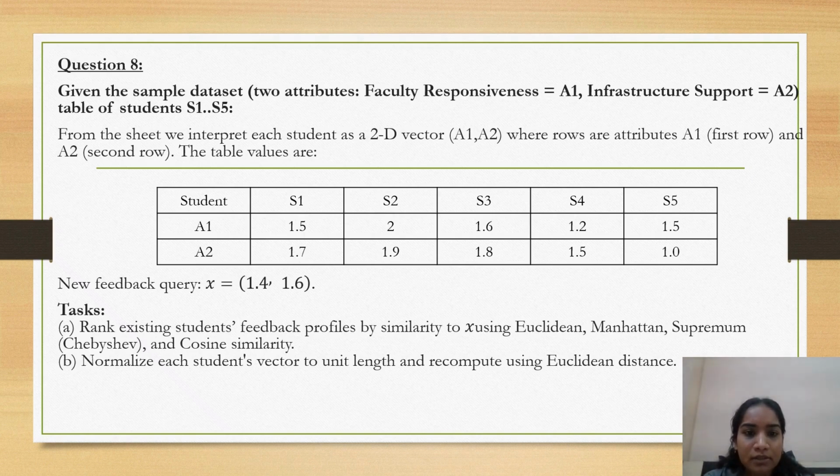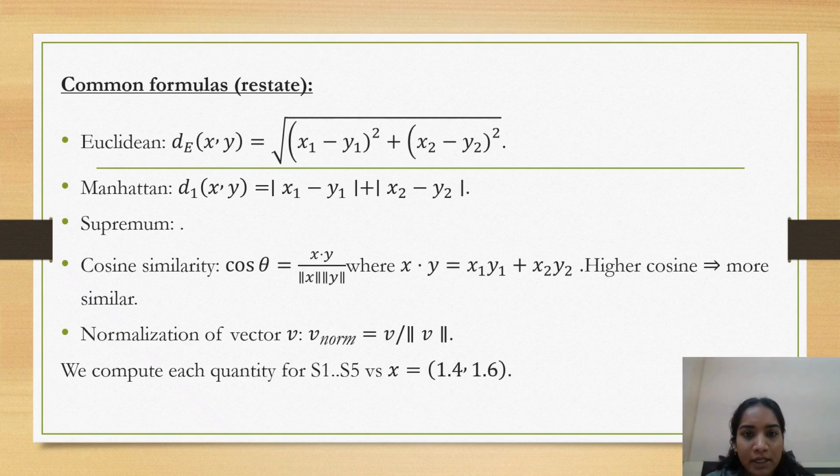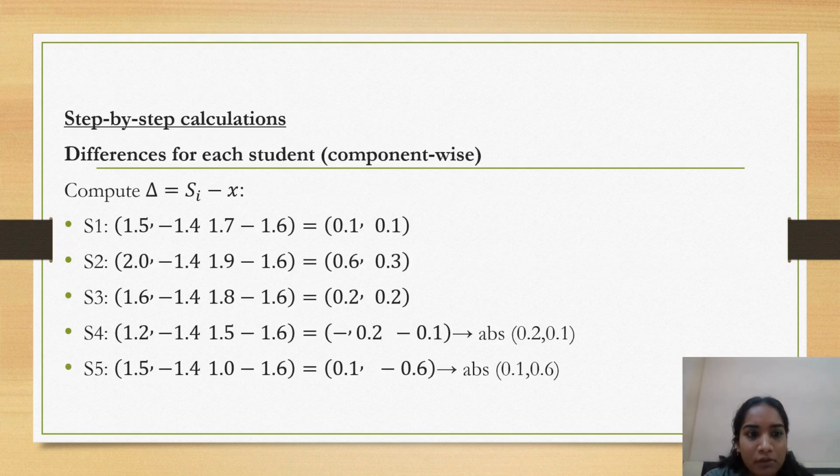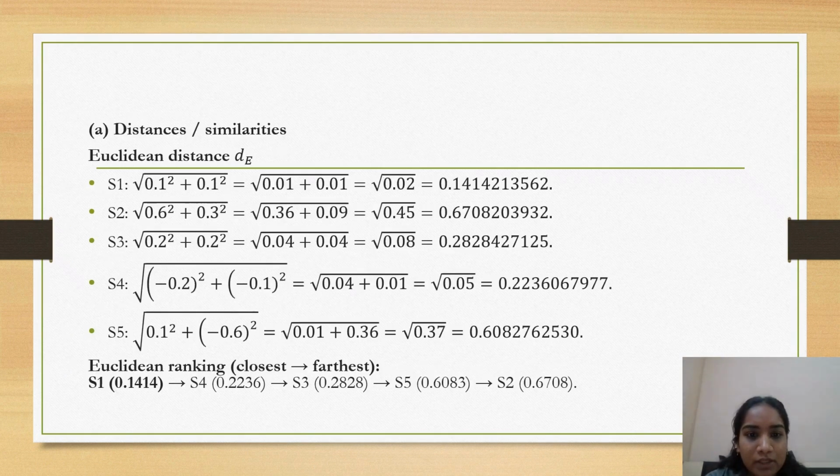Task A is the distance measure. We compute the similarity between each student vector and x using Euclidean distance, Manhattan distance, supremum distance, and cosine similarity. All the formulas are given here, and this lets us rank students based on closeness to the new feedback. For the Euclidean distance, we compute for all students and rank by smallest distance, that is, most similar first.